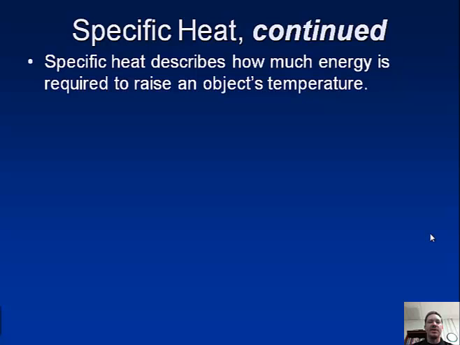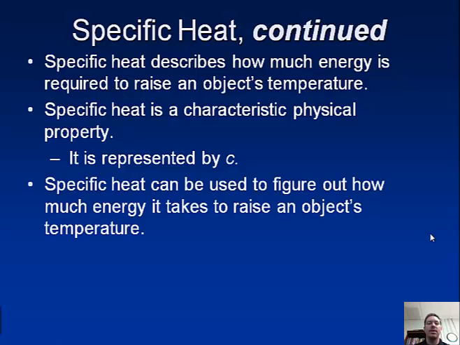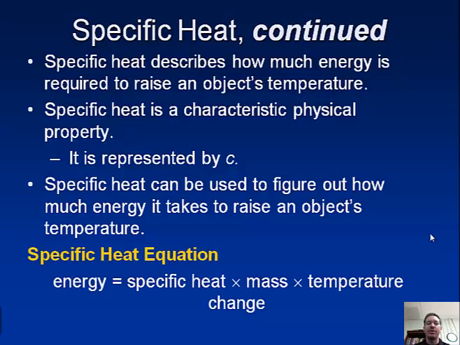Alright, so specific heat is going to describe how much energy is required to raise an object's temperature. And this is a physical property. We can do it without changing the substance. We tend to represent specific heat with a lowercase c. And we can use it to figure out how much energy it takes to raise an object's temperature.